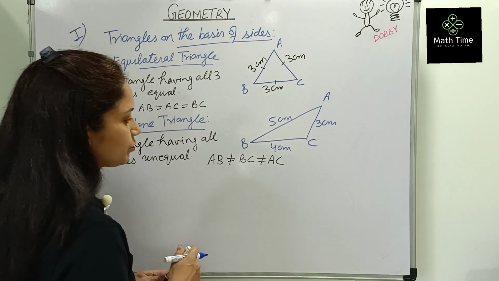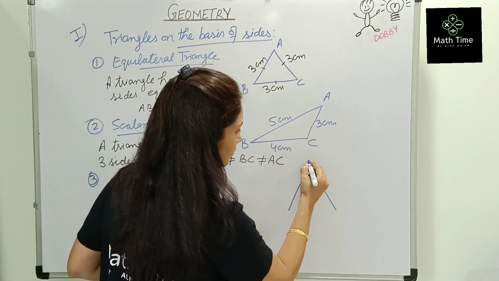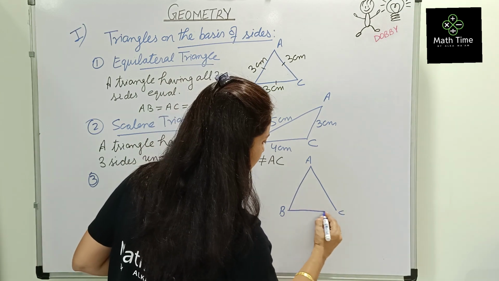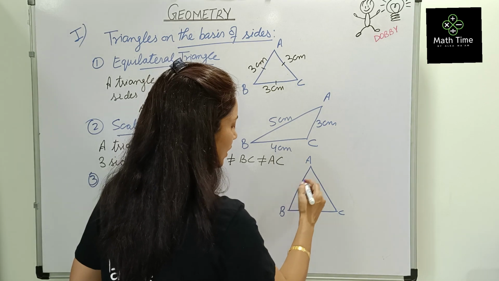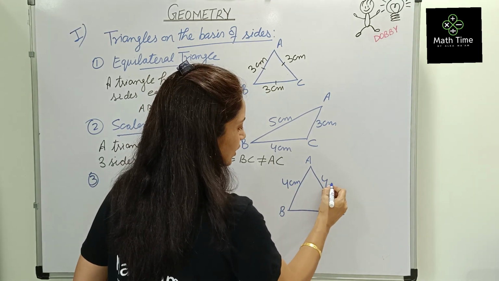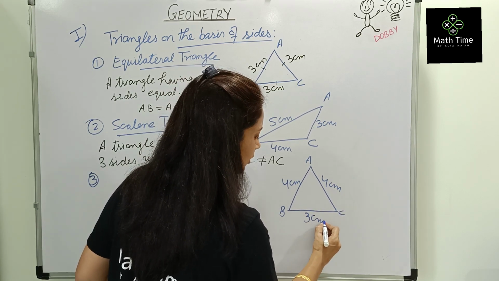See here. Observe this triangle. This is ABC and the baseline BC. In this triangle, suppose the top lines, the slanted lines, are 4 centimeter, 4 centimeter and the bottom is, let us say, 3 centimeter.